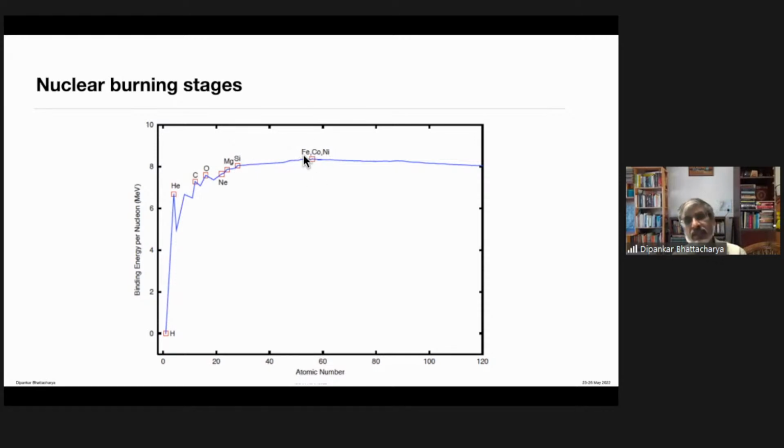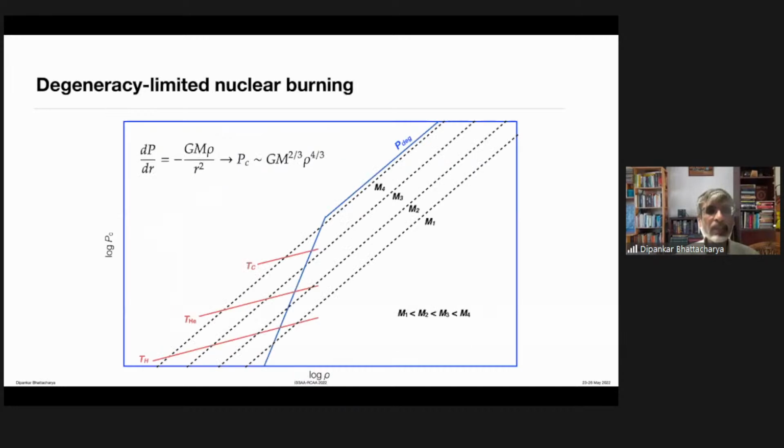And as we will see later, not all of that is released outside the star either. They are even converted back in some of the more elementary forms afterwards. But will all stars go through all these stages of nuclear fusion? No. That is where the degeneracy pressure support of the core plays a very important role. Let's take a look at that.